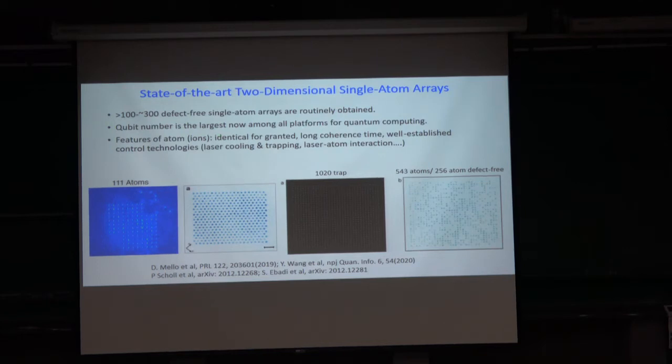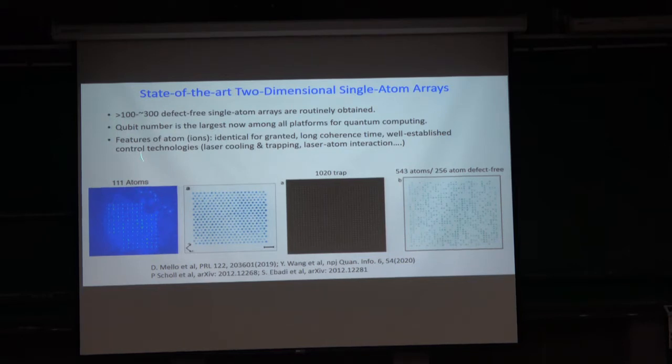For superconducting qubits, IBM right now has something like 65 qubits. Maybe by 2025 they claim they might have 1,000 qubits. And I believe very soon people can trap about 1,000 defect-free atoms in an array in a few years.